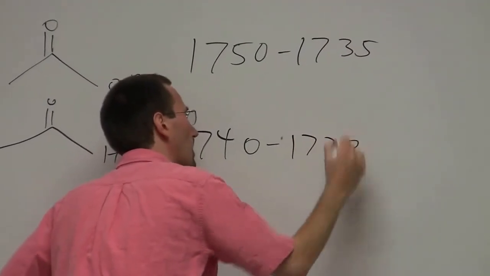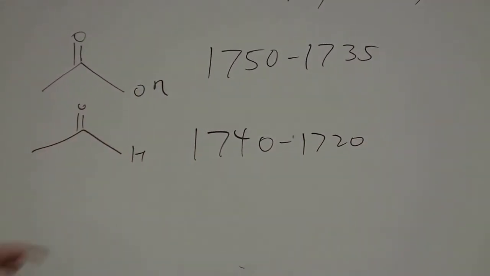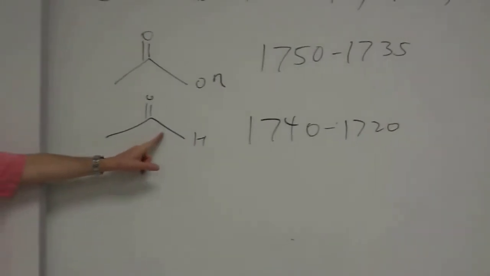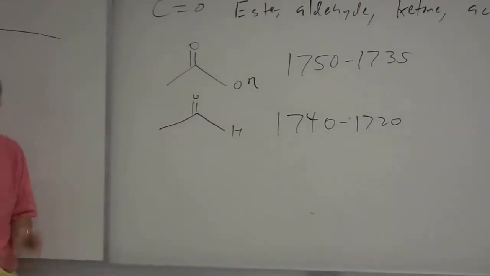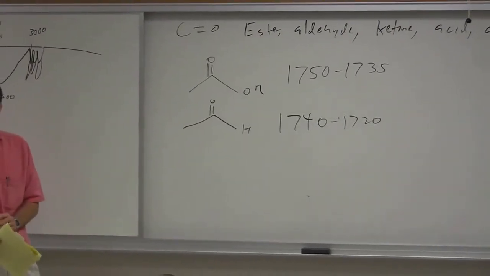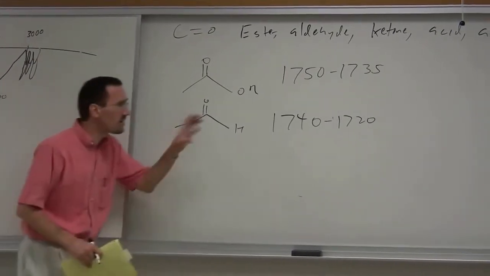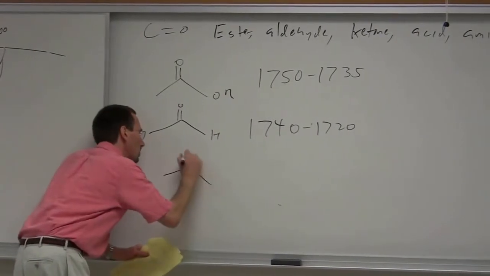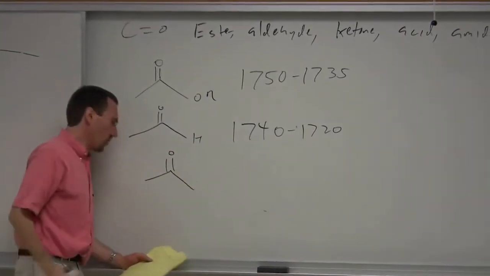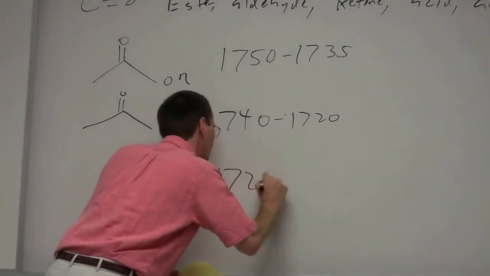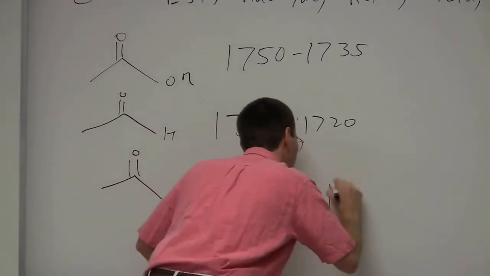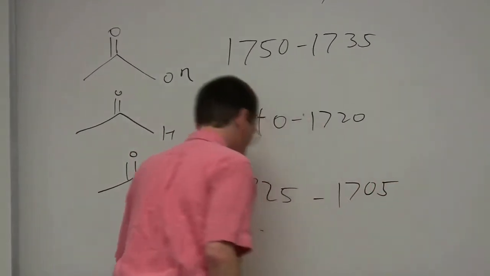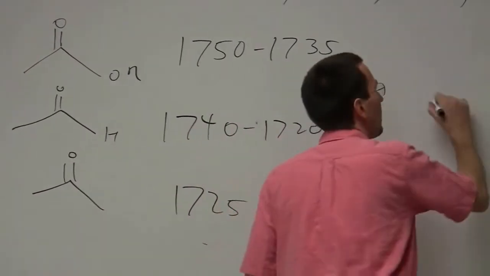And as I said, you can often pick out the CH stretch in the Fermi resonance, if you look right on the edge of the region at about 2820, 2720. A plain old vanilla normal ketone, we're typically talking about 1725 to 1705 wave numbers.